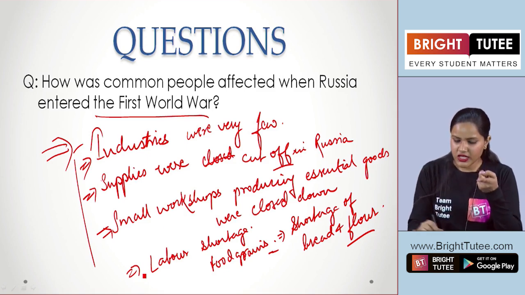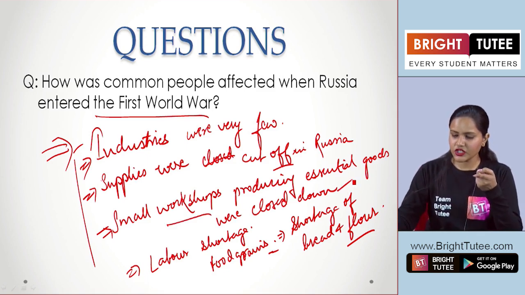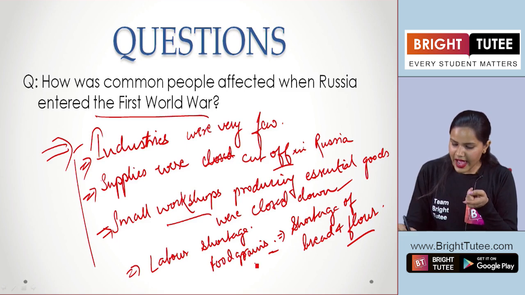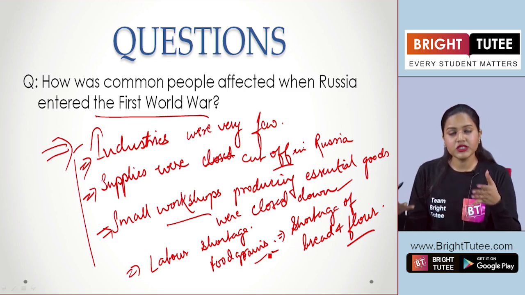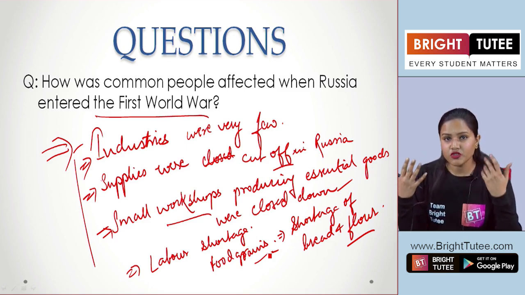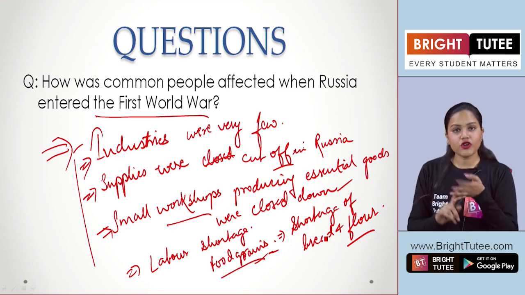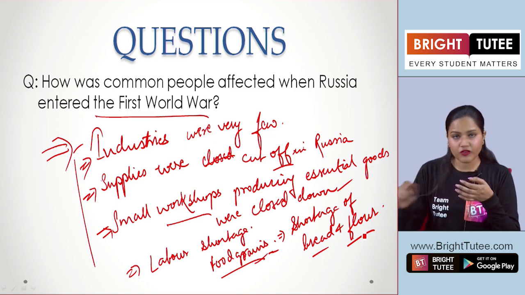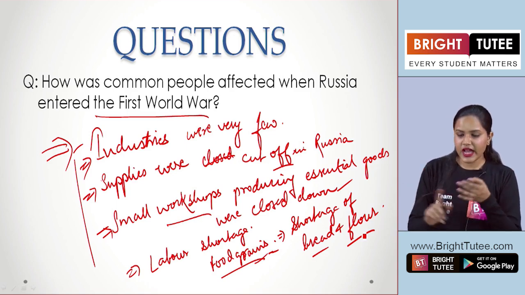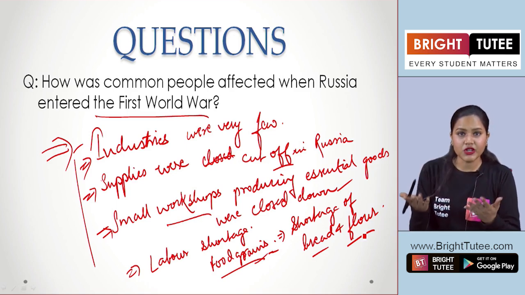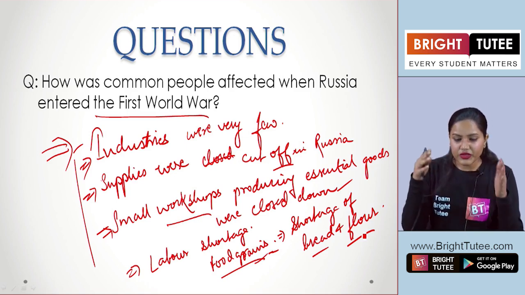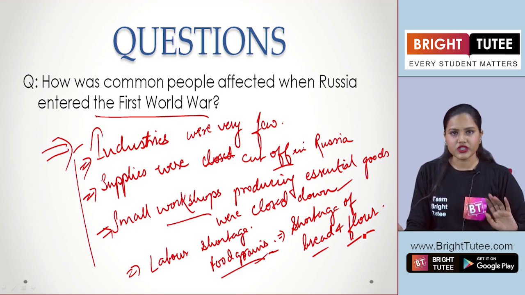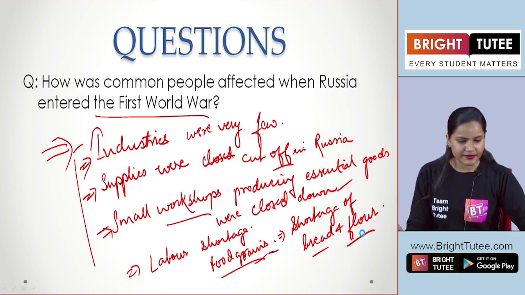Labor shortage, small workshops producing essential goods that were closed down, and food grains now given to the army in large numbers. Here we are seeing that they were not able to get enough food. It also led to the shortage of bread and flour for the common people, right? Also the work that they were doing, their daily wages, it was also being impacted. So these are some of the points that you have to mention here. Okay, just remember these points.